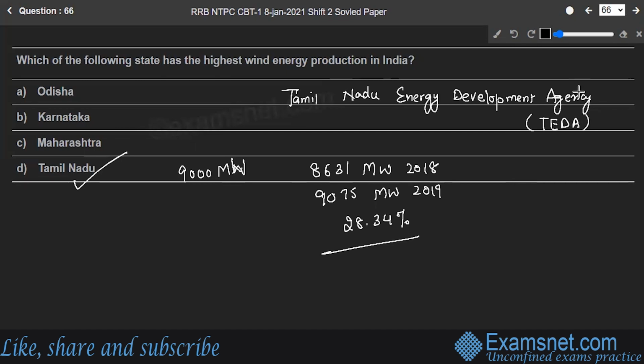If we talk about Odisha, the current installed capacity stands at 2 megawatts.